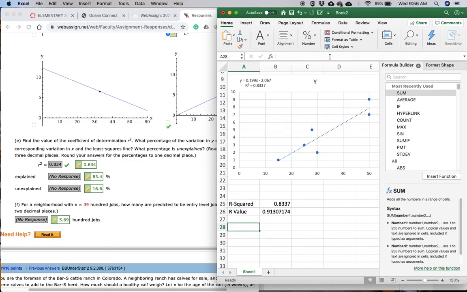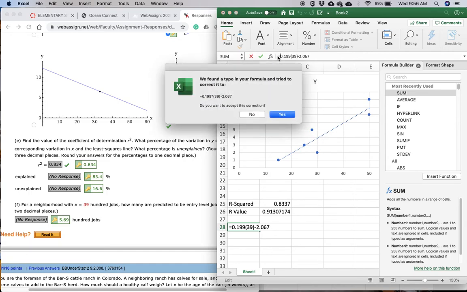So I'm going to go ahead and type it in. Like I said, I'm going to let Excel do all the work. 0.199 times 39 minus 2.067. Oh, and I need an equal sign because it's going to be doing a calculation.